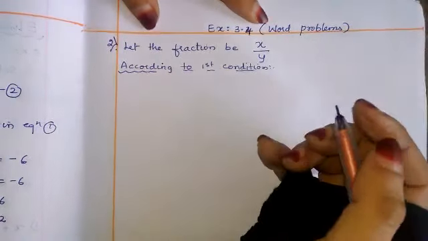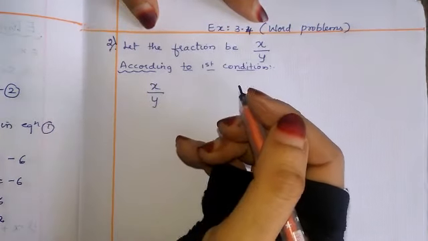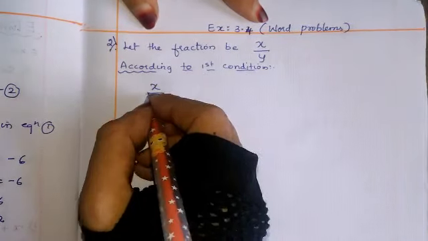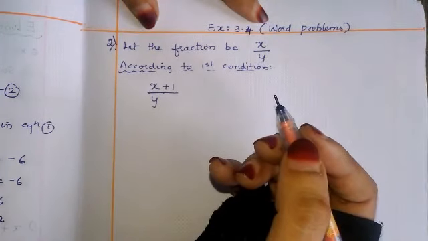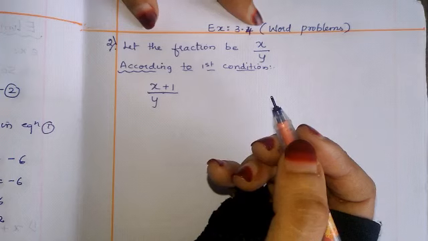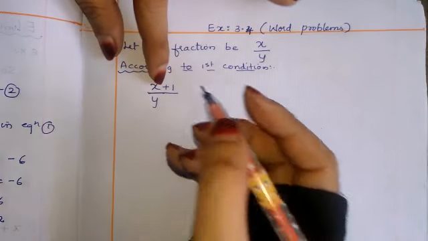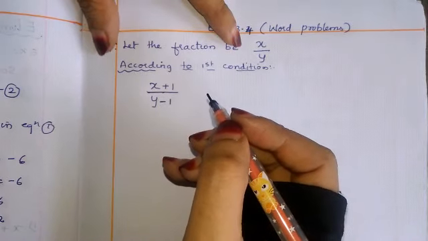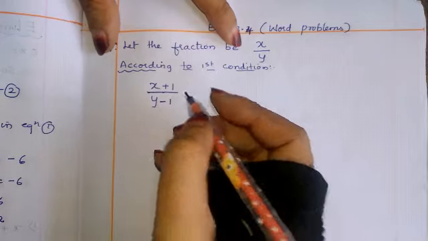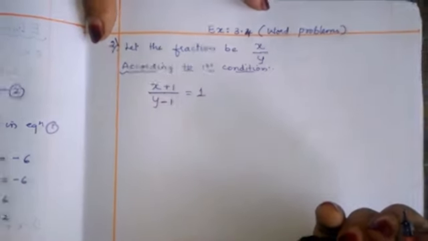According to the first condition, if we add 1 to the numerator, I'll add 1 to the numerator. You can see in the textbook, I am reading the question and writing that if we add 1 to the numerator and subtract 1 from the denominator, a fraction reduced to 1. We get the fraction like this. This is the first condition.